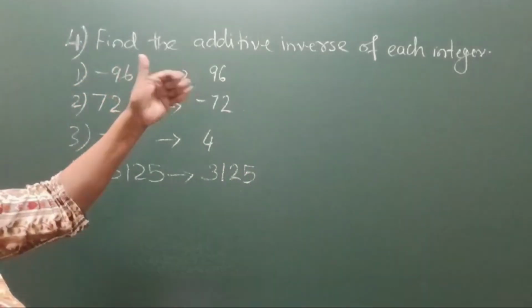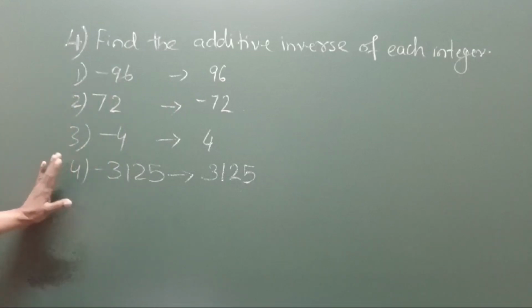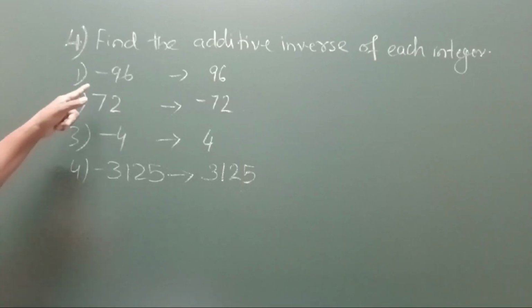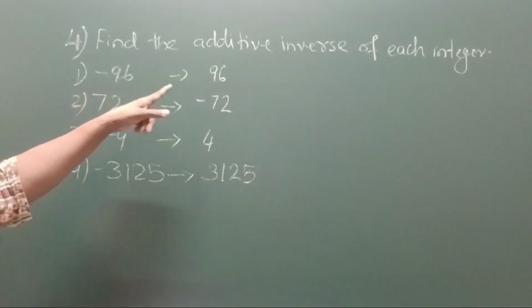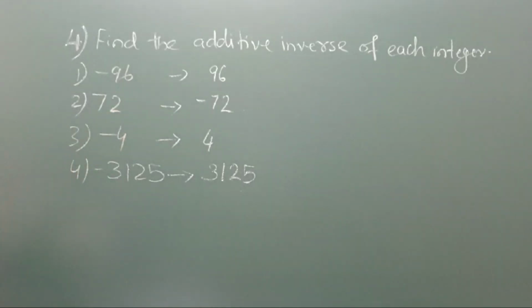Find the additive inverse of each integer. Integers are given here. We have to find the additive inverse of each. We have already learned that an opposite integer exists for each integer. So here minus 96, the opposite of it is 96, a positive integer.